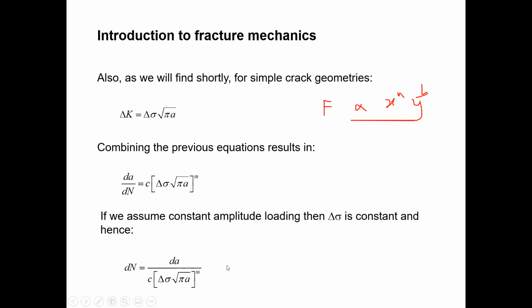That means if the cross section varies with the stress, you need to find the relationship between the cross section and the crack length, since the crack changes the effective cross section. You should know the relationship between the effective cross section and the stress variation. Then you can substitute the stress as a function of a, and integrate with respect to dA. On the other side you integrate with respect to the number of cycles, and then you will get the answer for the number of cycles.